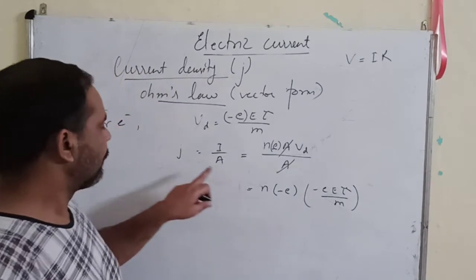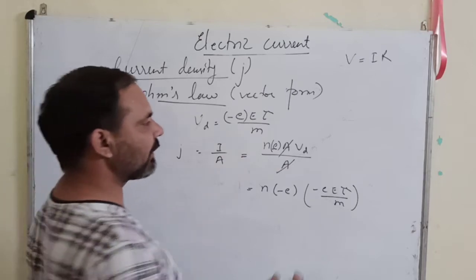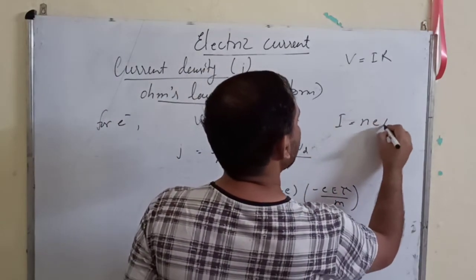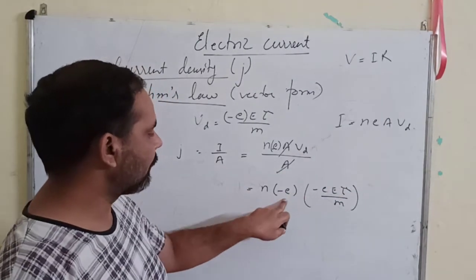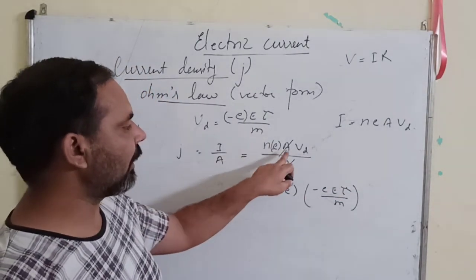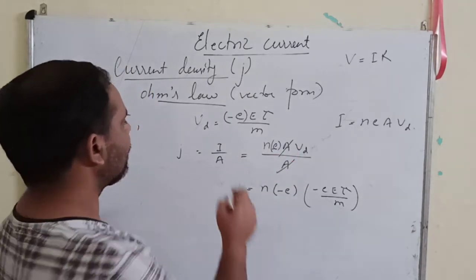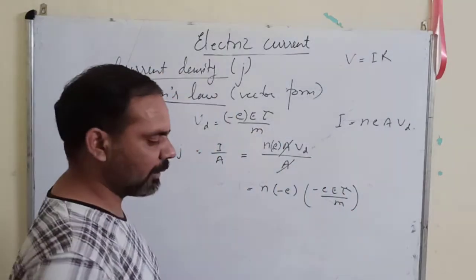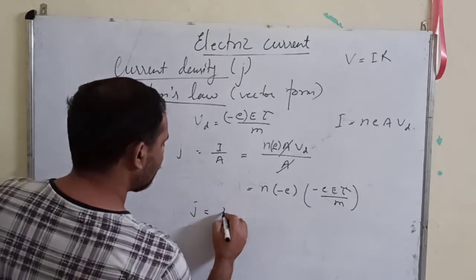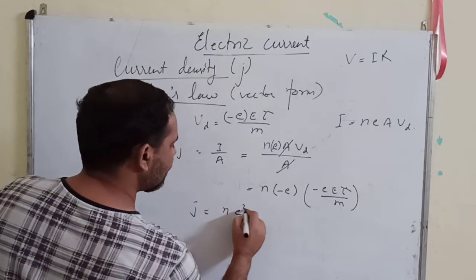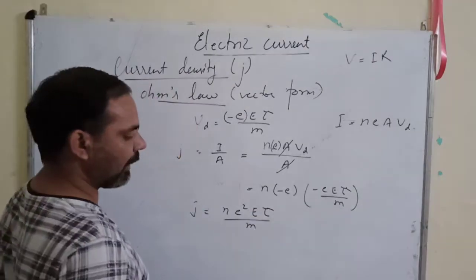From the formula we obtained, I is equal to nAeVd, and e will be minus e here, so n minus e A Vd upon A, and A will cancel. n minus e and Vd is this expression we substituted here. So how much is J? J is equal to n e square E tau upon m.